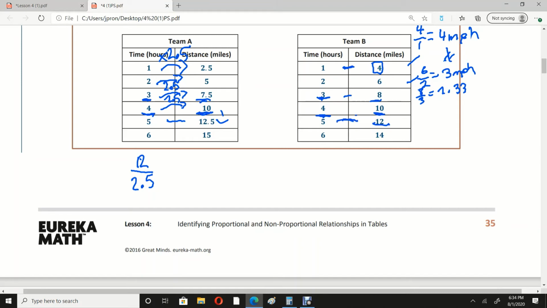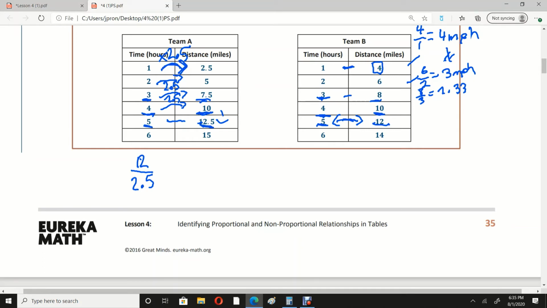Team B, we already know how long it's going to take them to go 12 miles. It'll take them 5 hours. Now, we don't know exactly how long it's going to take Team A to go 12 miles because we don't have exactly 12 miles on our chart here, right? But let's think about our constant here, 2.5. So we're using 2.5.